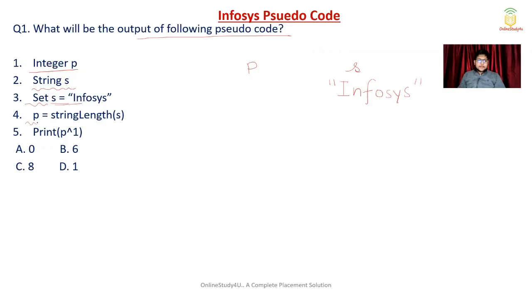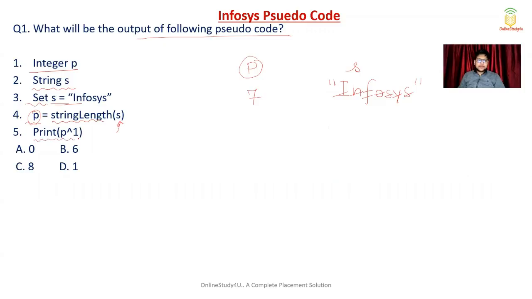Now, in the variable p, we have taken the length of string s. So, what is the length of the string? That is 1, 2, 3, 4, 5, 6, 7. So now p contains 7.